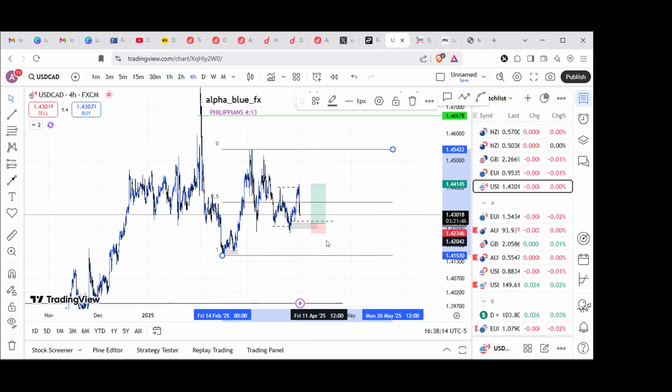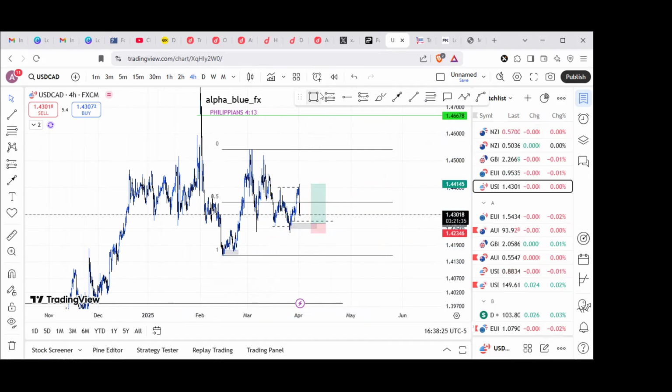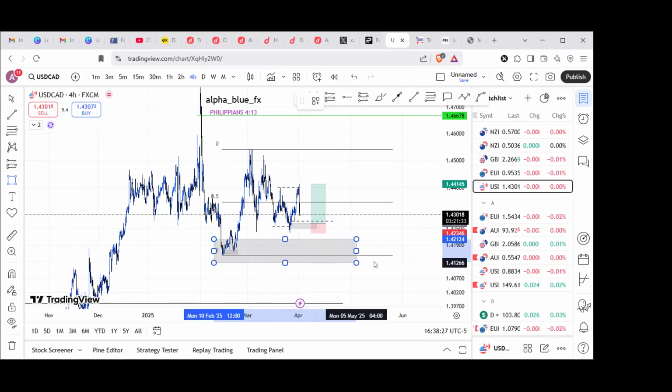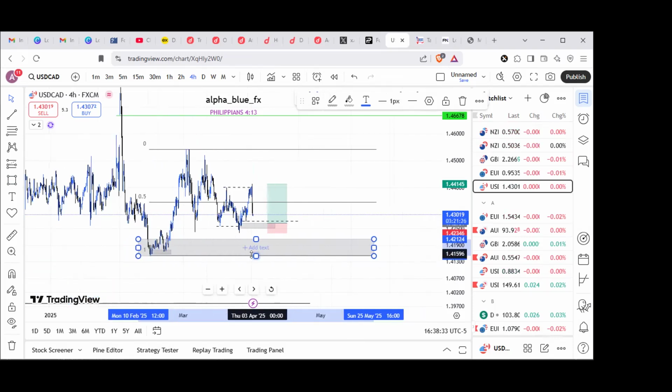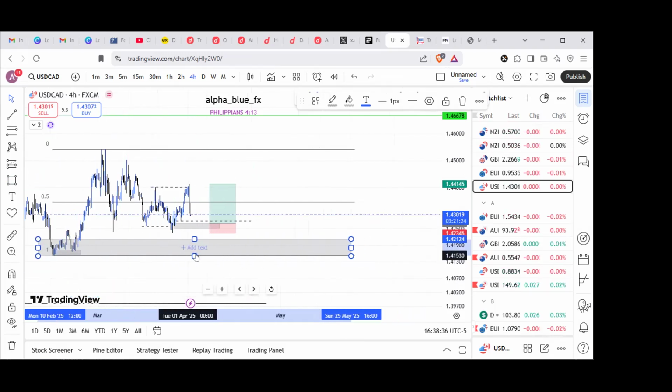You should be buying at the discount, which is the lower half, while you sell at the premium, which is the higher half, right? So in this trading range, price is actually at the discount, but I would have been more comfortable if this whole price action was happening within this low here. If that was happening within this area, I would have been comfortable to buy at this point.